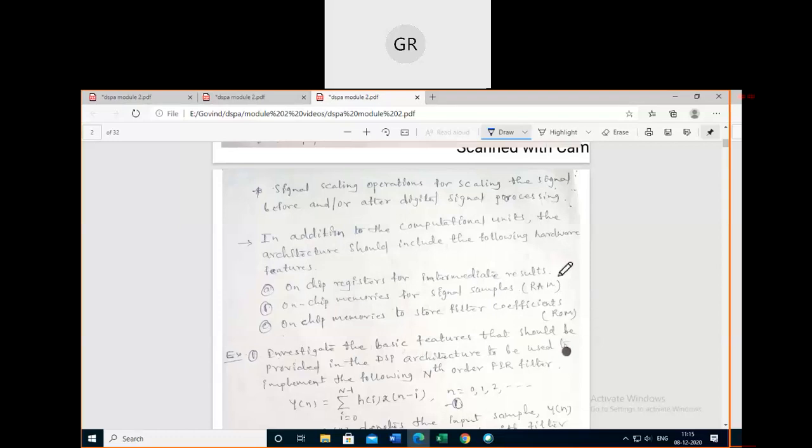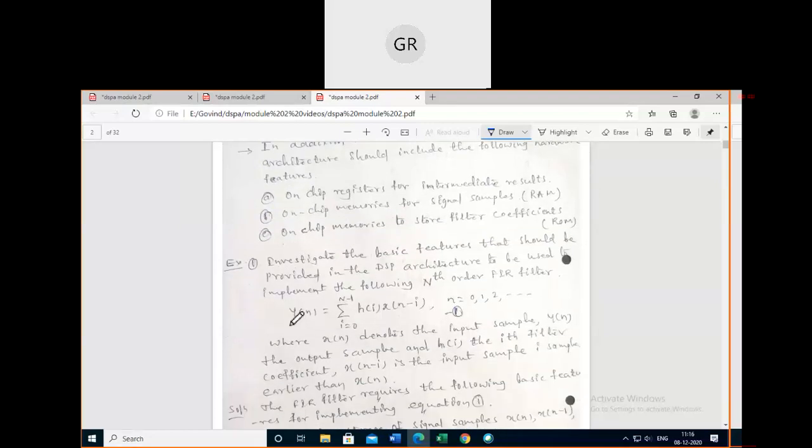Such data is called intermediate results, and it can be stored in an on-chip register. The signal samples, that means x(n) input samples, can be stored in the RAM, that means on-chip memory. Then on-chip memory to store the filter coefficients. To store the filter coefficients, we use the ROM, which is also on-chip memory.